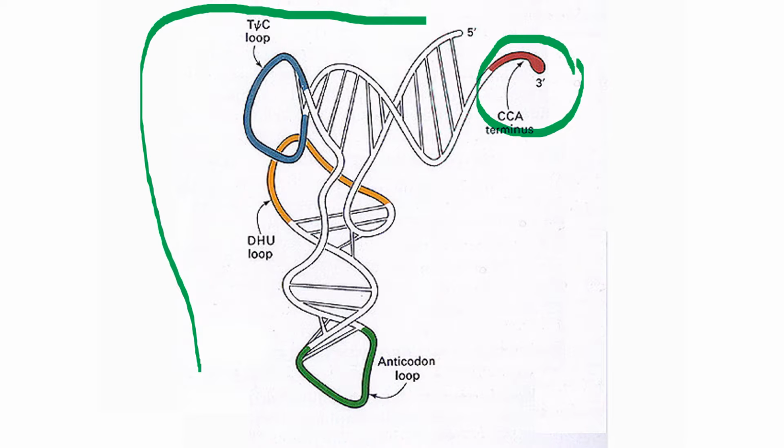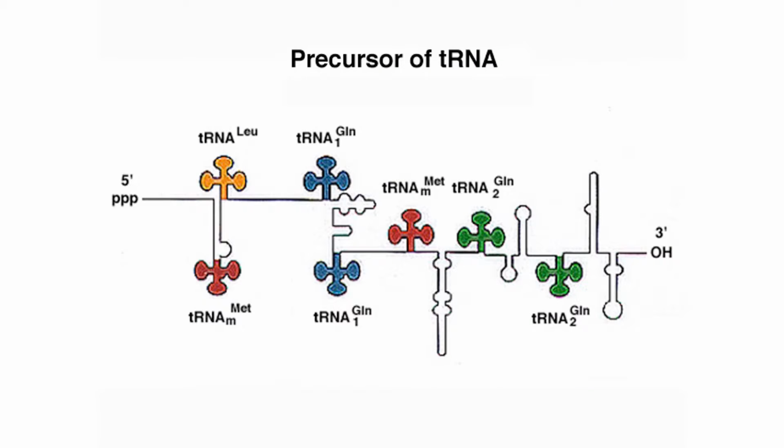This, and we'll talk about this again in a minute, is a post-transcriptional modification. And of course, these tRNAs are also not transcribed with these rare bases in them. But we'll talk about that again in a moment as well.